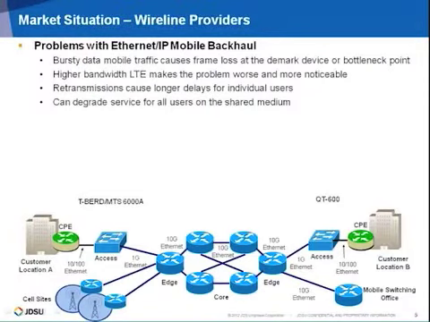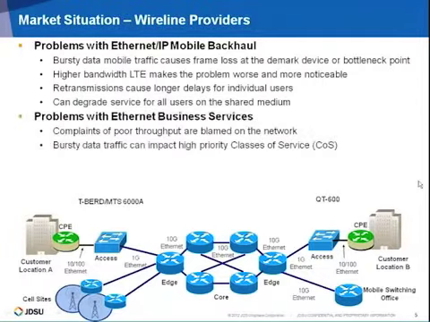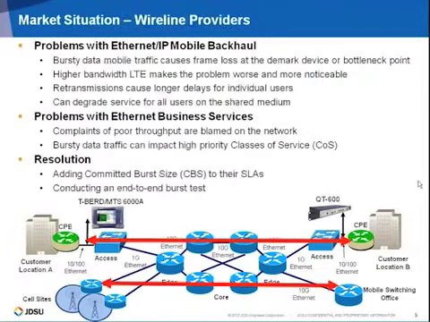Therefore, the resolution for wireline providers has also been to conduct these end-to-end burst tests from demarc point to demarc point, either between two customer locations or in the case of a mobile backhaul from the cell site to the mobile switching office, and adding a CBS parameter to their service level agreements as well, and conducting an end-to-end burst test.